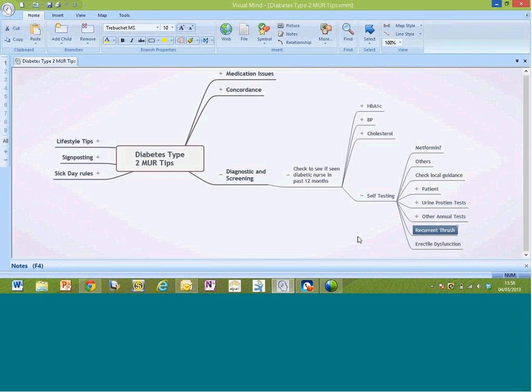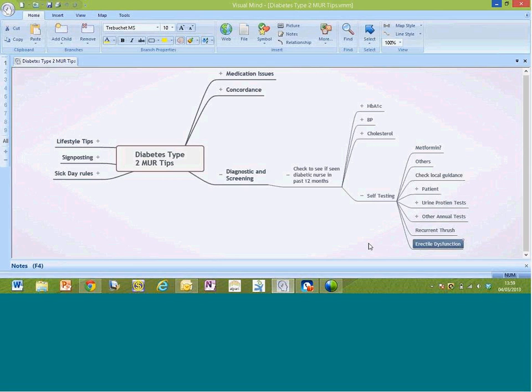And finally, erectile dysfunction. Now, this is going to be quite a sensitive one to bring up, especially for men. But if you are able to, this is quite an important one because it's quite a large source of problems, for example depression, because it could be quite depressing.